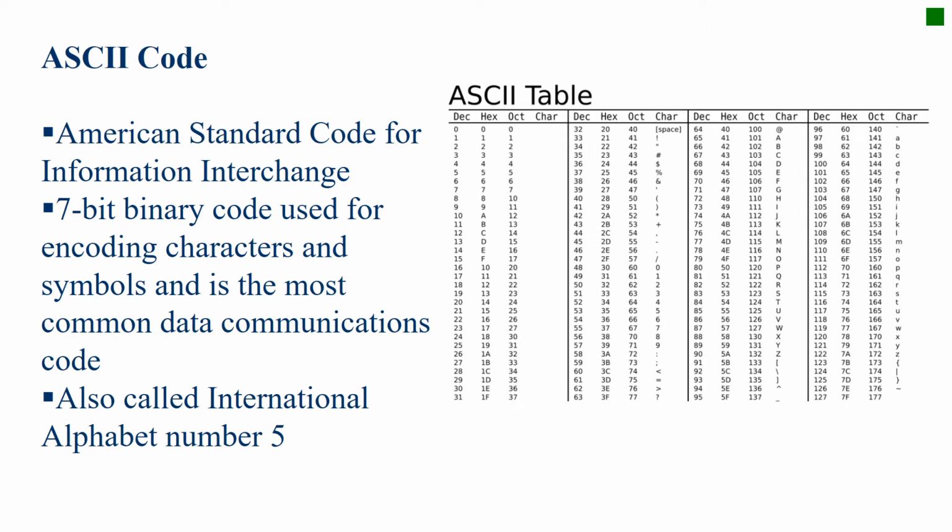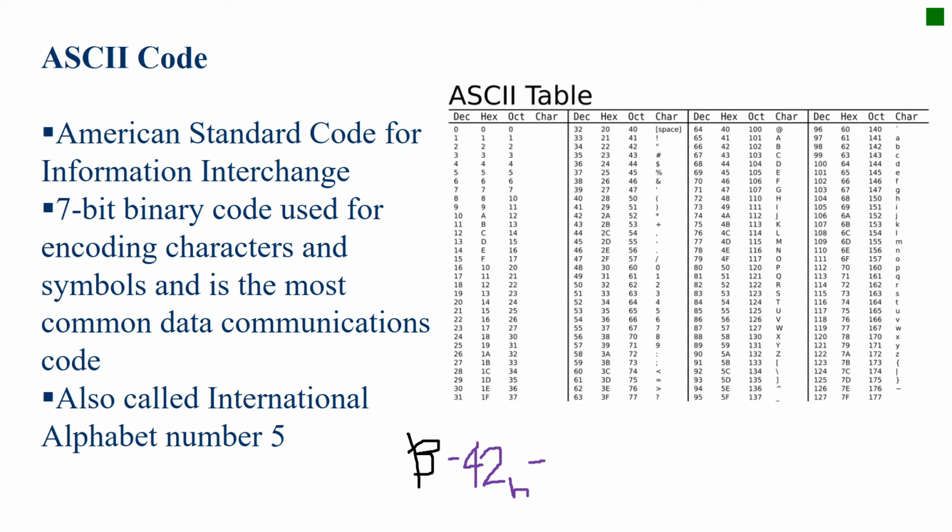So for example, we have character B. Character B in ASCII is 42 hexa. So you just look on the ASCII table for character B, and then the hexa equivalent for character B is 42 hexa.